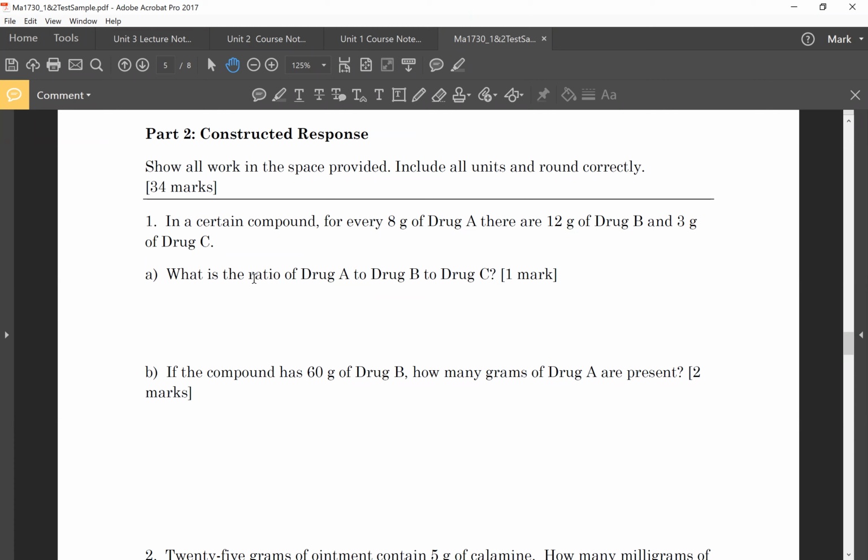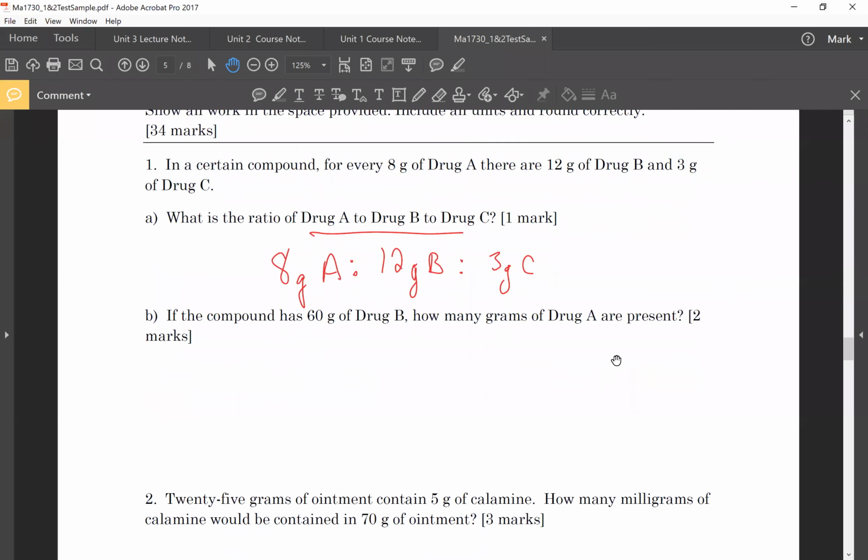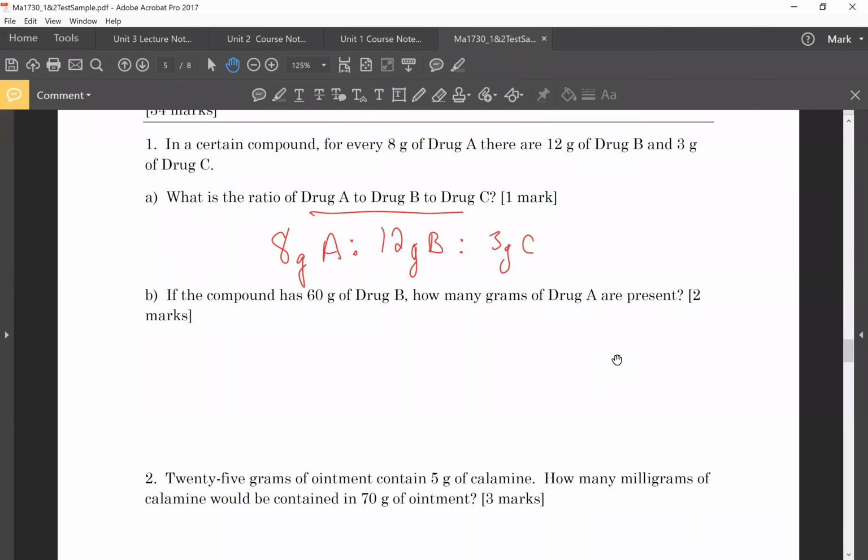In a certain compound, for every 8 grams of drug A, there is 12 grams of drug B and 3 grams of drug C. It asks, what is the ratio? Well, very easy. We have 8 grams of A, 12 grams of B, and 3 grams of C. But part B is actually applying that question.